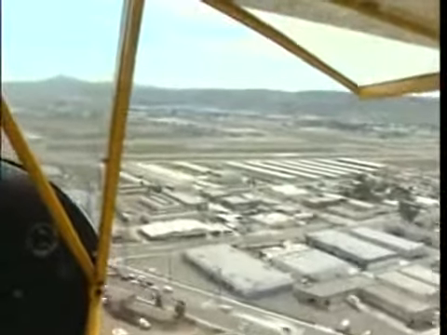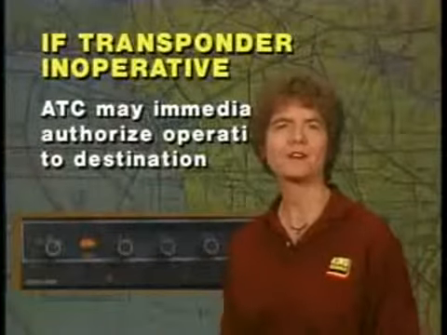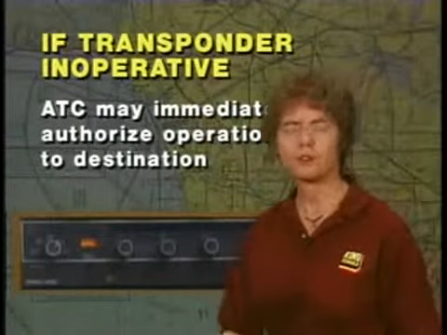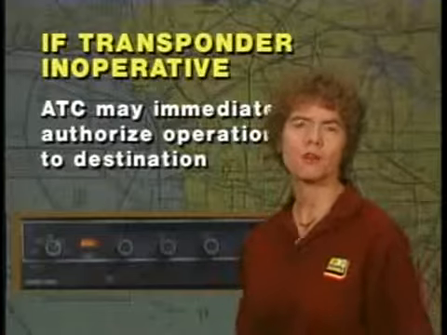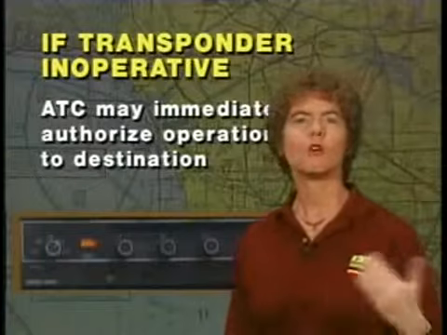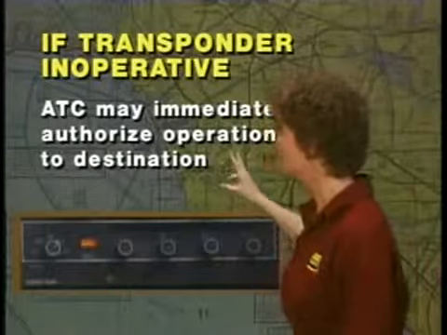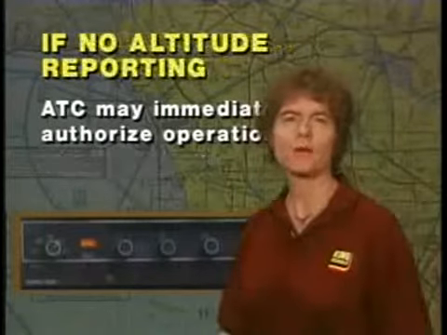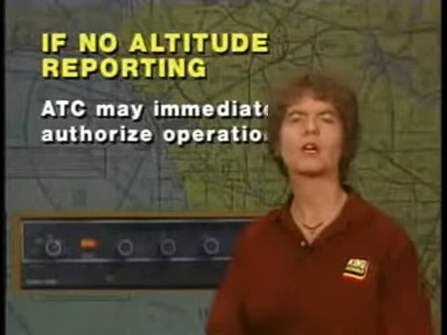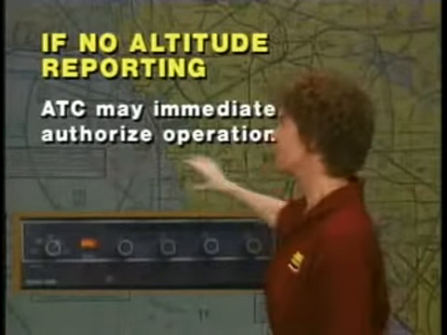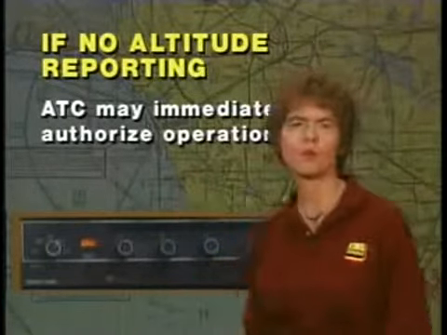But what if you're having problems with your transponder? What if your transponder isn't working? If your transponder is not working, air traffic control can immediately authorize operation to your ultimate destination, including intermediate stops, or to someplace where the transponder can be repaired. If the altitude reporting part of your transponder is not working, again, air traffic control can immediately authorize your operation so that you don't have to quit and land and so on just because the altitude reporting quit.